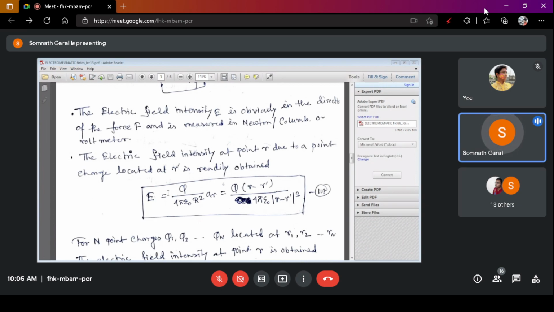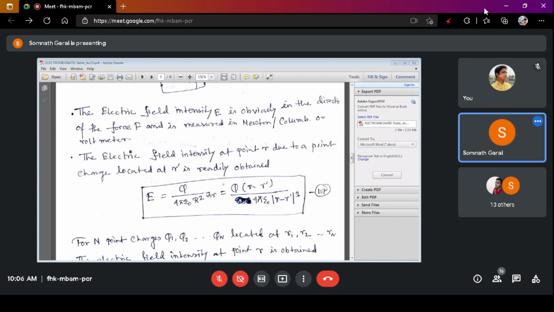So first we have to calculate the equation of the electric force. That is equal to Q into Q1, whose Q1 value is equal to 1. That's why it is Q by 4 pi epsilon naught r square into AR, where AR is the direction vector. This R we again explain in vector form by its modulus.